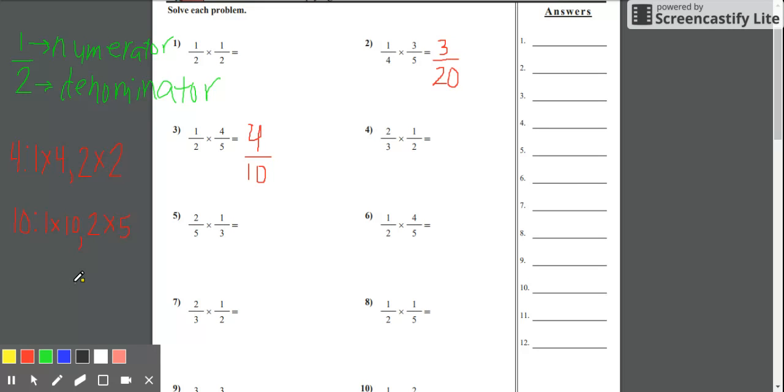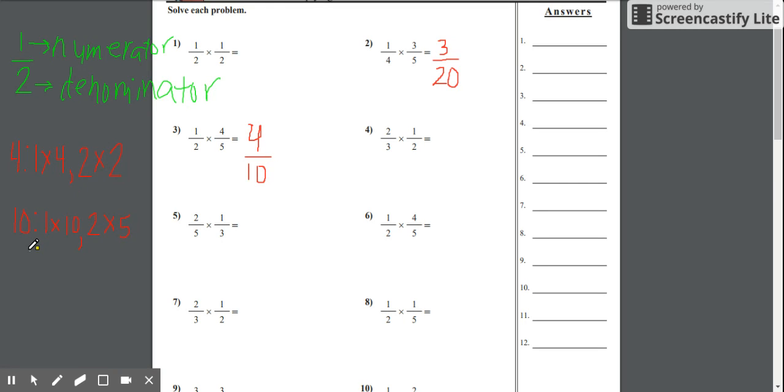Okay, so I have the factors of 4 and 10 written down. Factors are the numbers that I multiply together to make a number or a multiple. So 1 times 4 is 4, and 2 times 2 is 4. Those are the only numbers that I can multiply together to make 4.